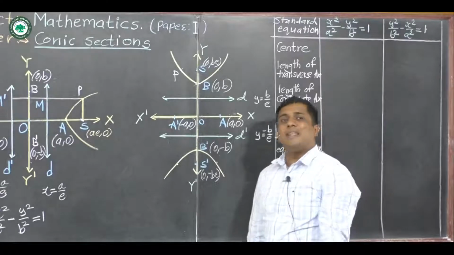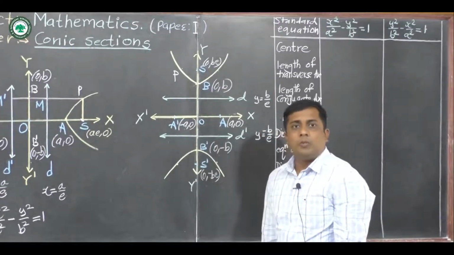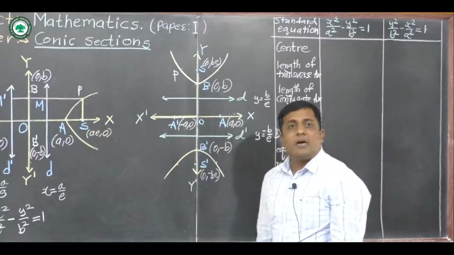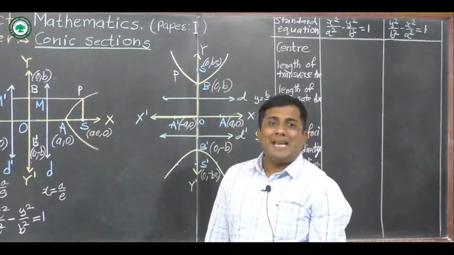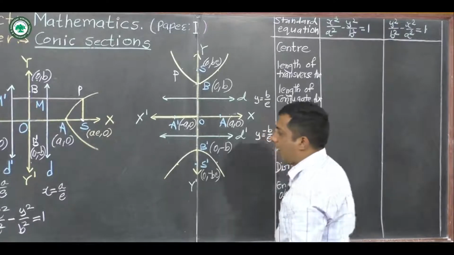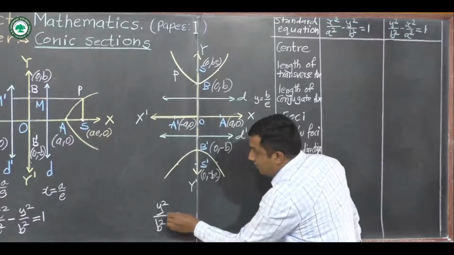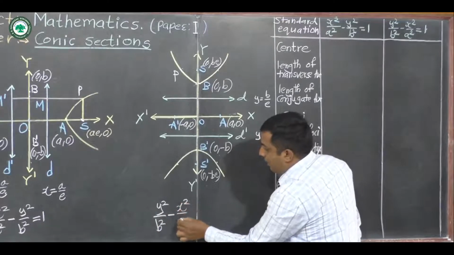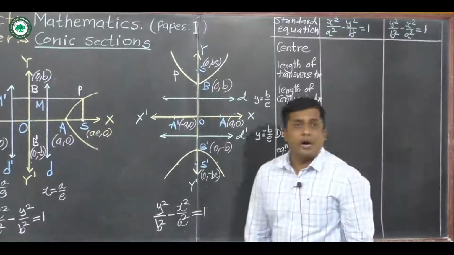Here again in this figure we have two foci and two directrices. So by using this figure, we get the second equation of the hyperbola, which is y square upon b square minus x square upon a square is equal to 1.